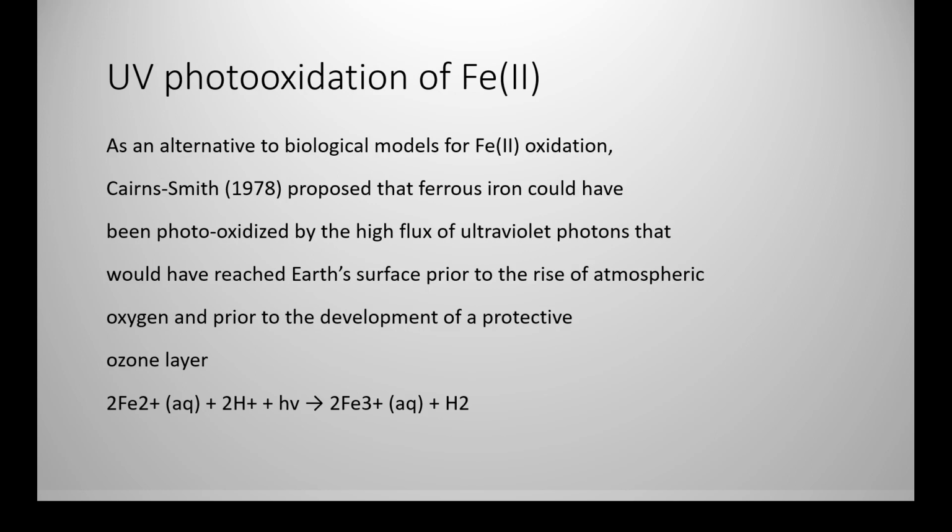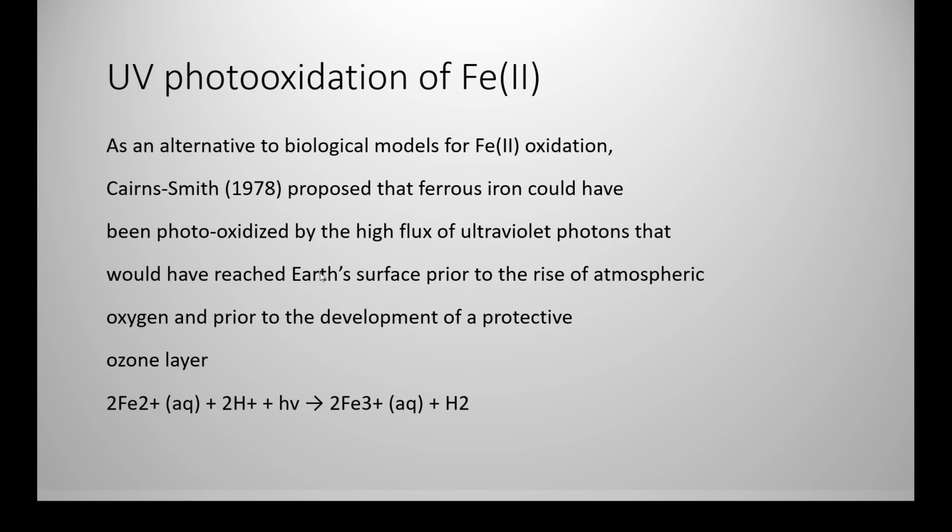Finally, the last option that I will be looking at is the UV photooxidation of ferrous iron. So it is seen that the alternative for a biological model could be a photooxidation from a high flux of ultraviolet photons coming through the Earth's atmosphere, which could have allowed for the rise of atmospheric oxygen prior to the development of the protective ozone layer.